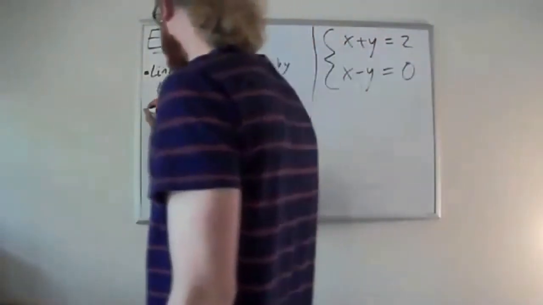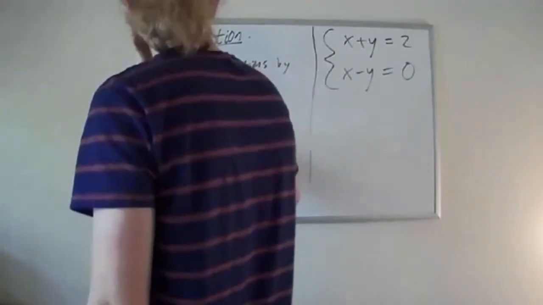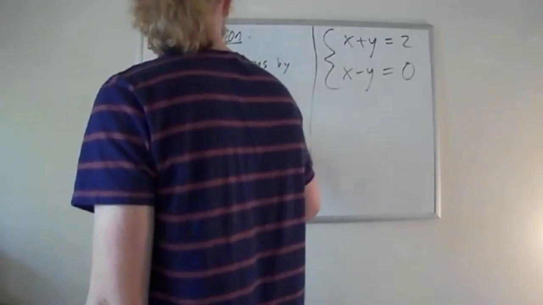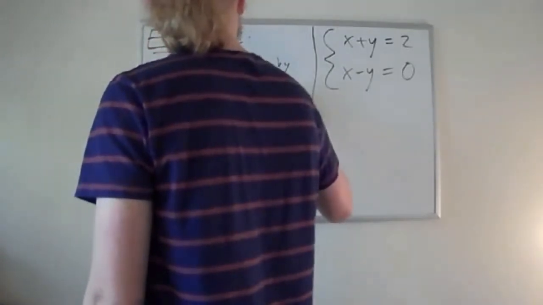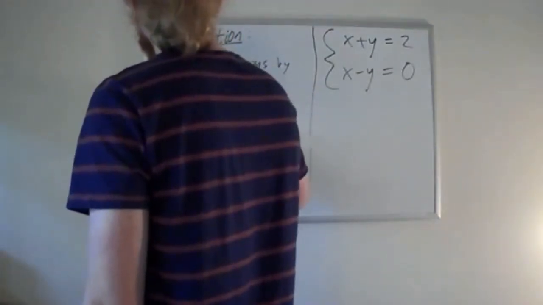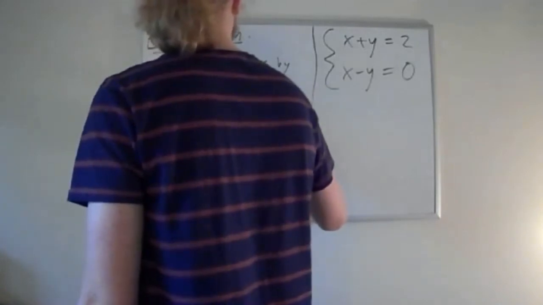And then once I've done that, if I need to, we'll multiply the equations by numbers so that the coefficients of a variable are opposite.